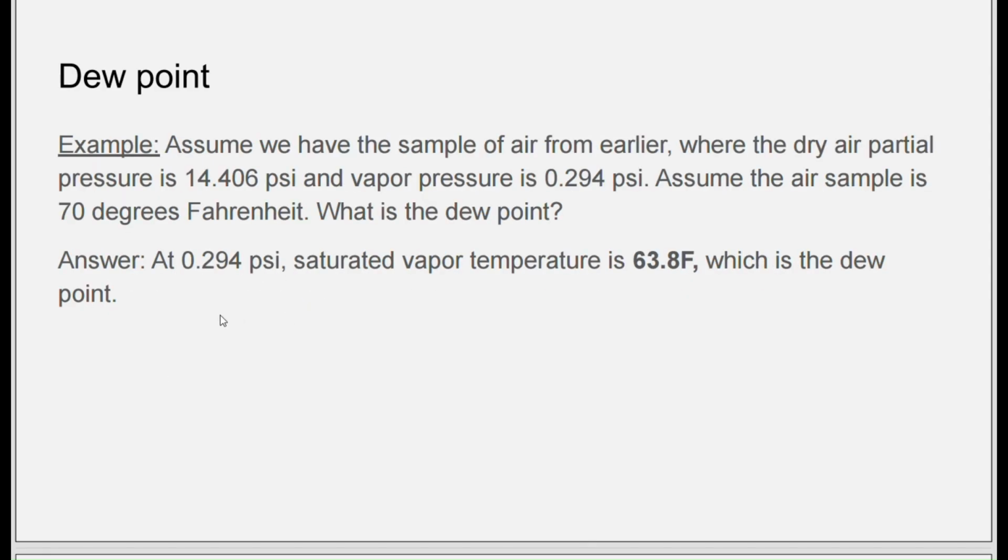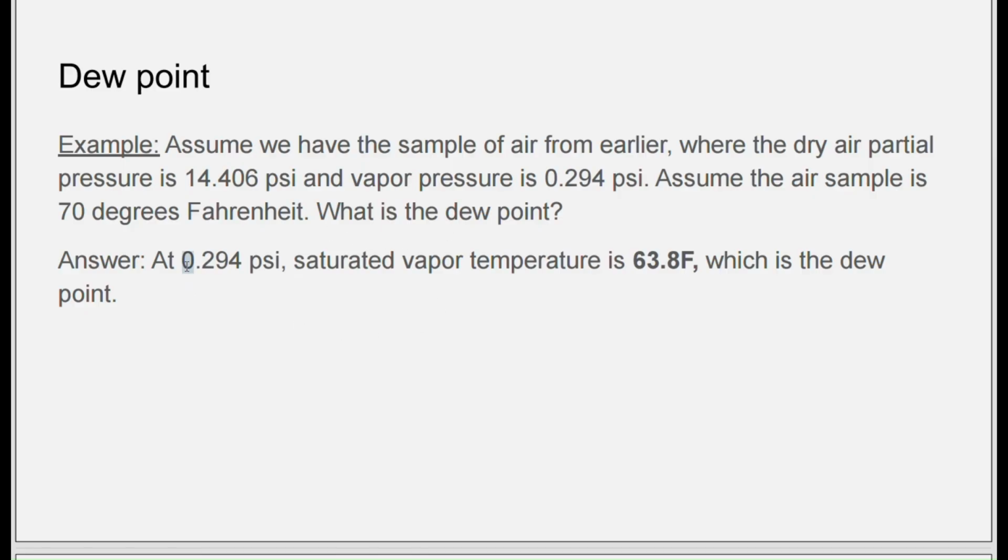Let's do an example again. Let's say we take that same sample of air from the box that's a cubic foot. Our dry air partial pressure is 14 point whatever that is, and the vapor pressure is this, so that they sum up to 14.7. This is our temperature. What's the dew point?